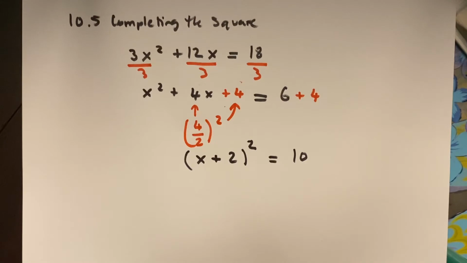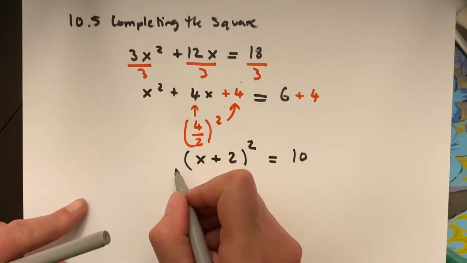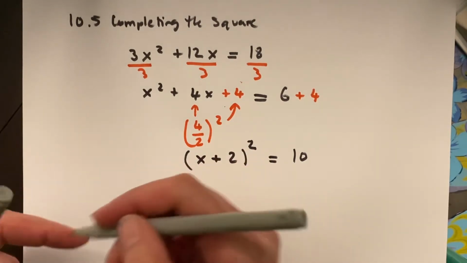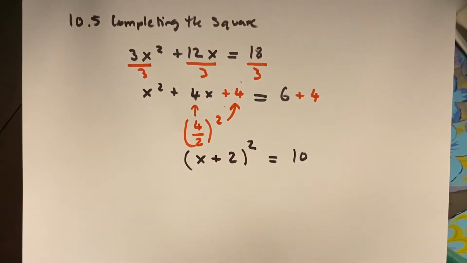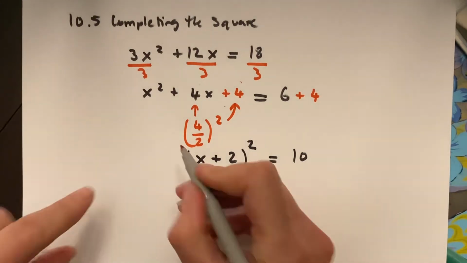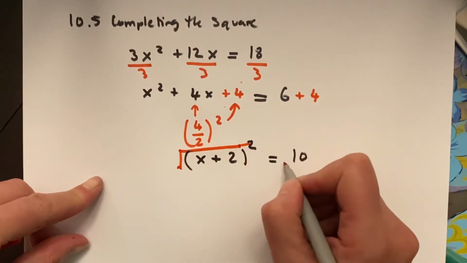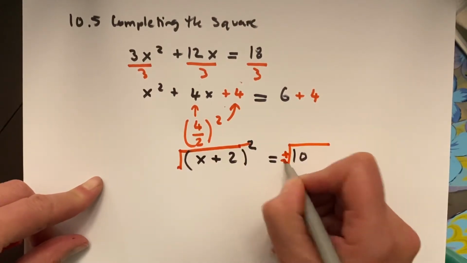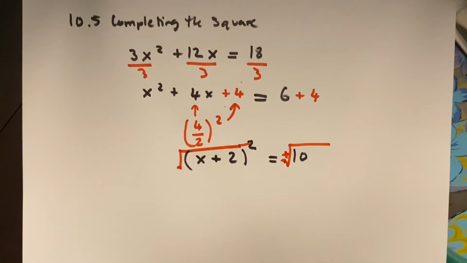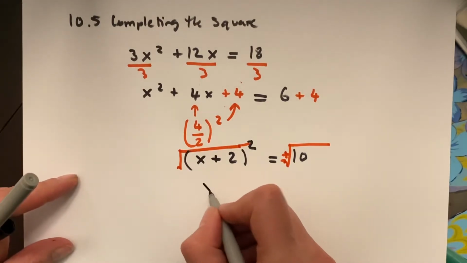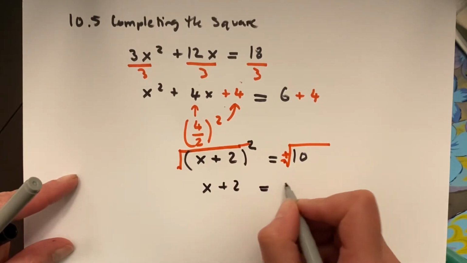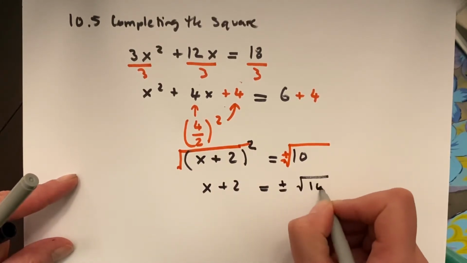Once I'm at this stage, I can just now do as I did with 10.4, take a square root of both sides. And I need to remember it's a positive and negative square root of 10. And I get left with x plus 2 equals plus or minus the square root of 10.